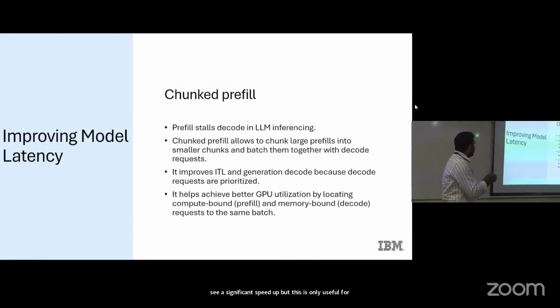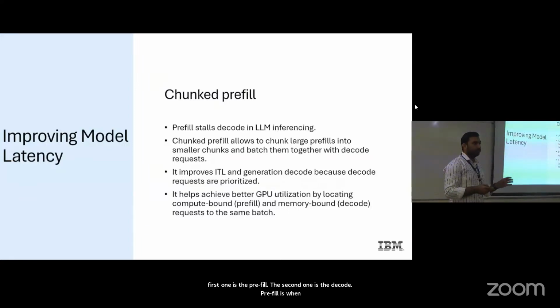Okay, now LLM model inferencing: you can dissect this process into two phases. The first one is the prefill, and the second one is the decode. Prefill is when you are asking the model a question. The model has to understand the question first, and then it decodes.